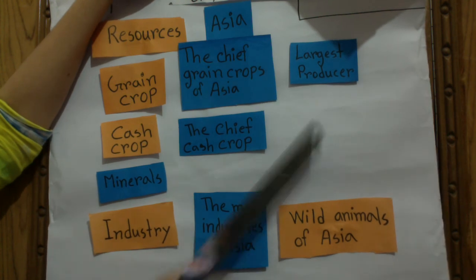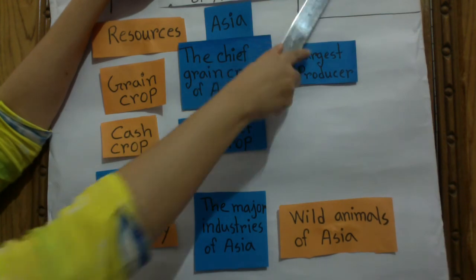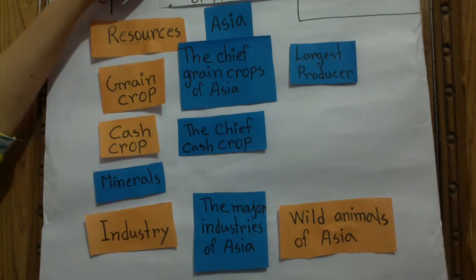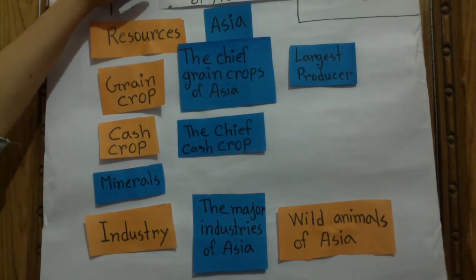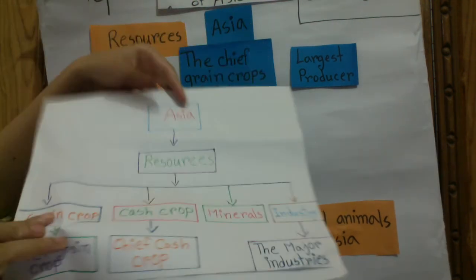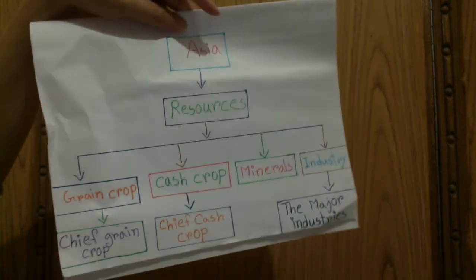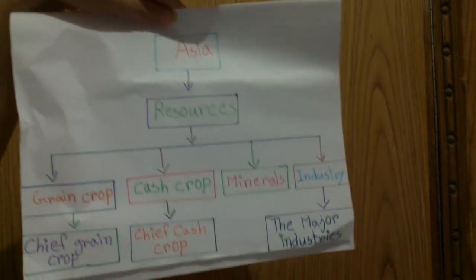So these are all the resources of Asia. Now I will explain it through the flowchart. Can you see the flowchart? I will explain the whole topic through the flowchart.